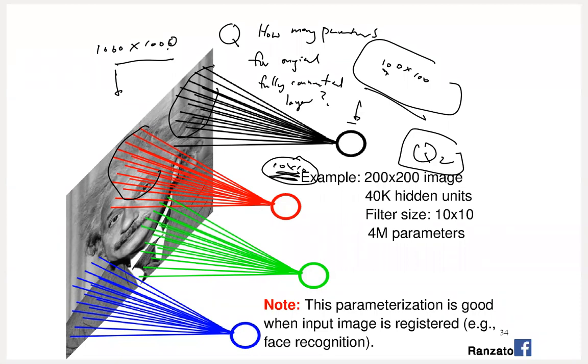Now I can reduce the number of parameters even further. Think of each of these neurons: this neuron represents this region, and this neuron represents this region.